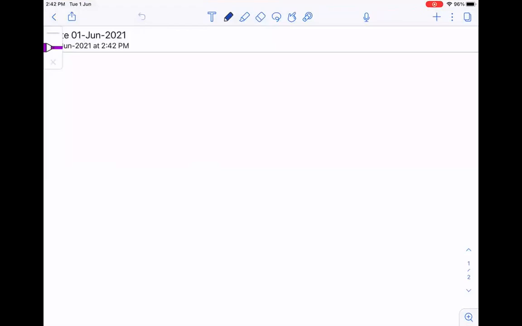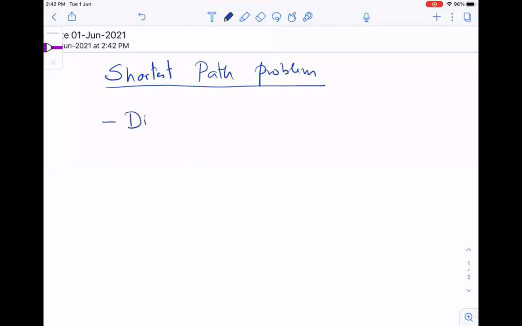We have been dealing with the shortest path problem, right? In the shortest path problem, we have looked at Dijkstra's algorithm. Now you should be comfortable with Dijkstra's algorithm.